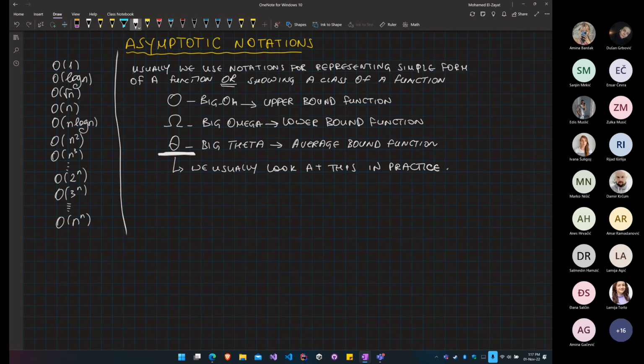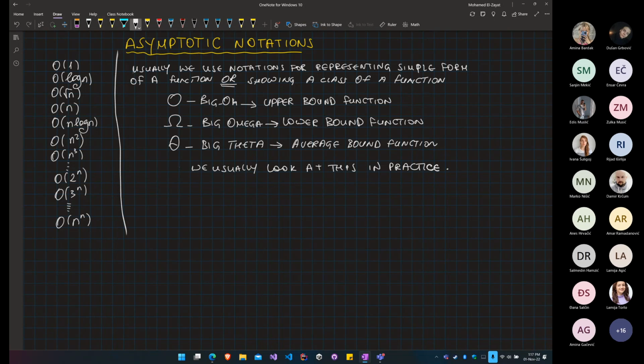We never always look at the worst case; usually we are trying to find the average time. But basically, I'm not saying we are usually looking at the theta. I'm saying the average execution of a function. So let's say like this.